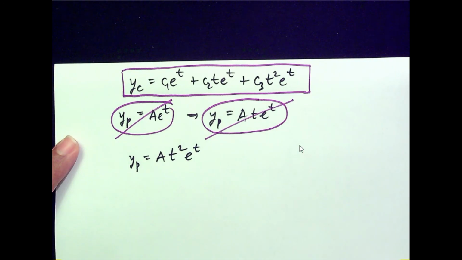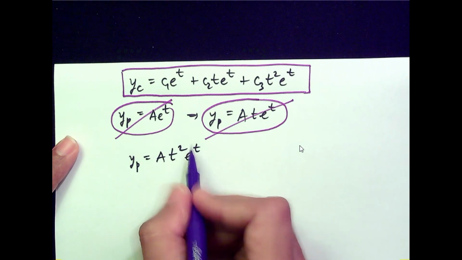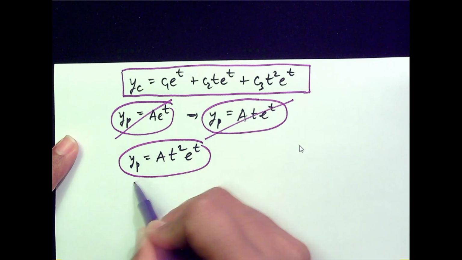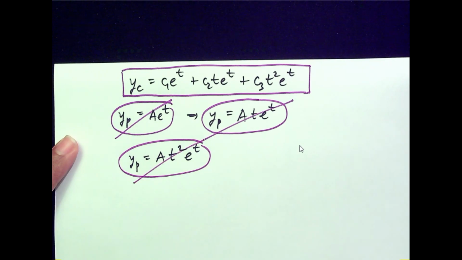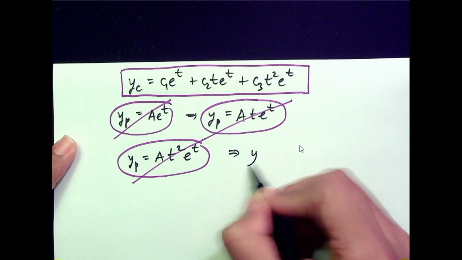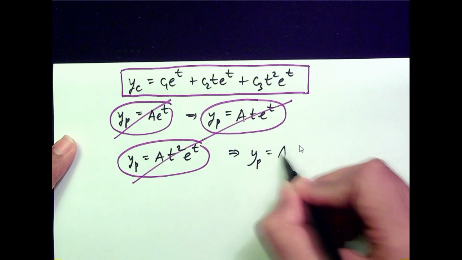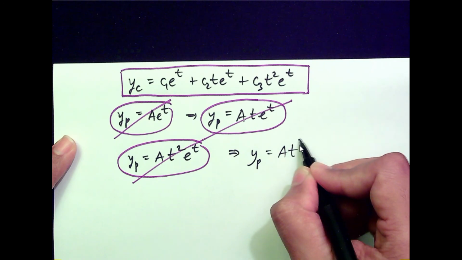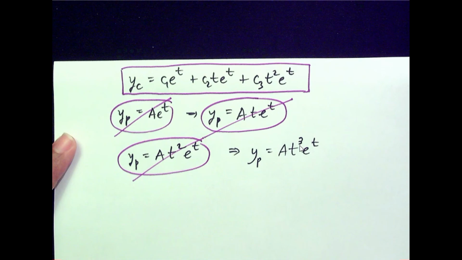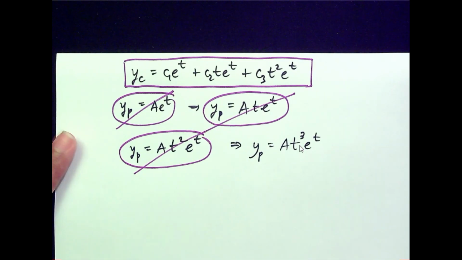You cannot use that. It's not going to lead to anything new. So then you multiply by t one more time, and the educated guess is going to be a t cubed e to the t. That is going to be our guess.